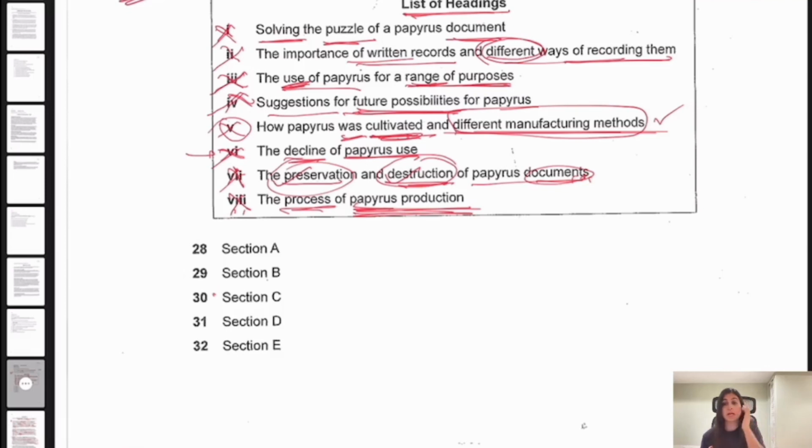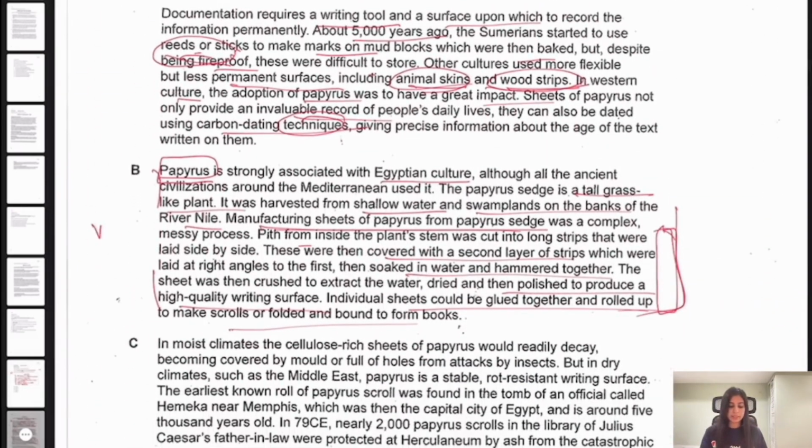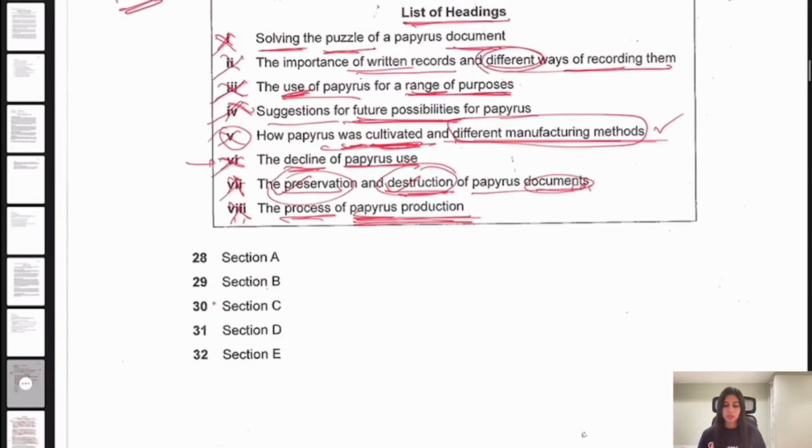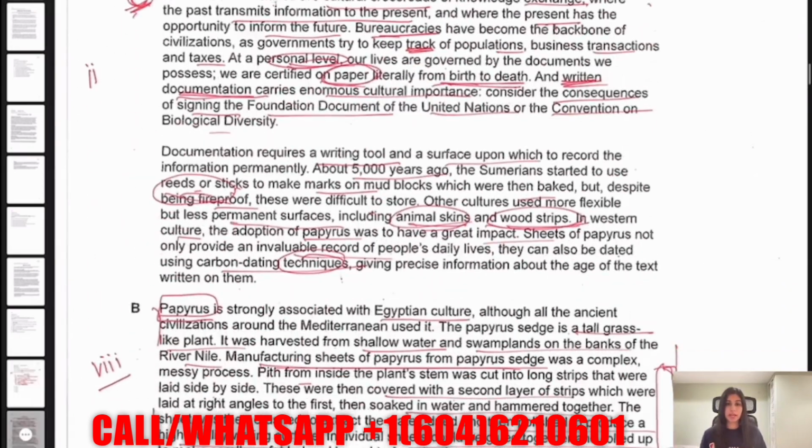It's not how the plant is cultivated. In this case I told you how the seed is sown and how it is nurtured and all of that. That's not mentioned, so that's not the answer. The answer would be 8 in this case. They're talking about the process of its production and not about the different manufacturing methods. So the answer becomes 8th for this one.